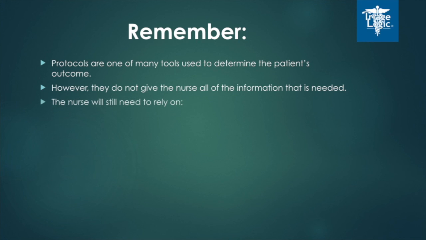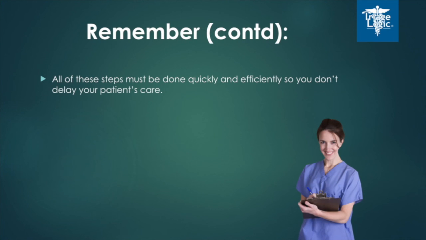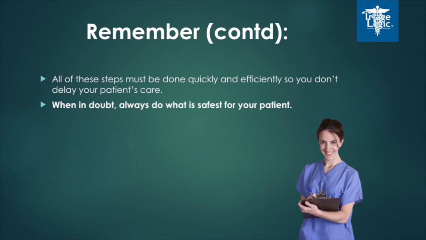She must still rely on her listening skills, communication skills, and nursing skills to ask the right questions, gather appropriate health information, and get an accurate description of the patient's condition or symptoms in order to determine which protocol to use and which disposition is safest for her patient. All of these steps must be done quickly and efficiently as to not cause your patient a delay of care. When in doubt, always do what is safest for your patient.